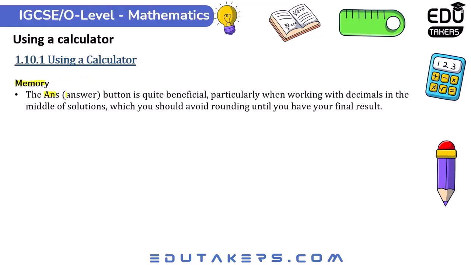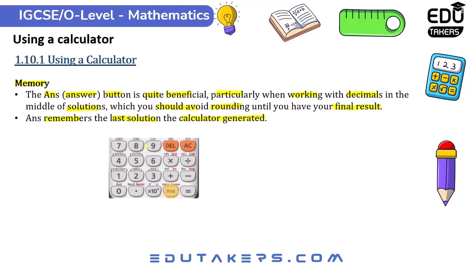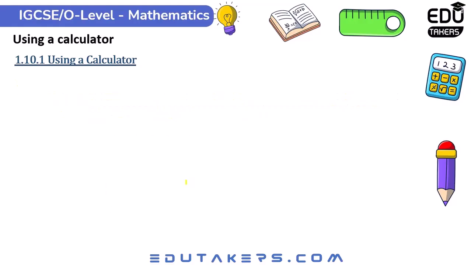The Ans, which means answer, button is quite beneficial, particularly when working with decimals in the middle of solutions, which you should avoid rounding until you have your final result. Ans remembers the last solution the calculator generated, which is here.